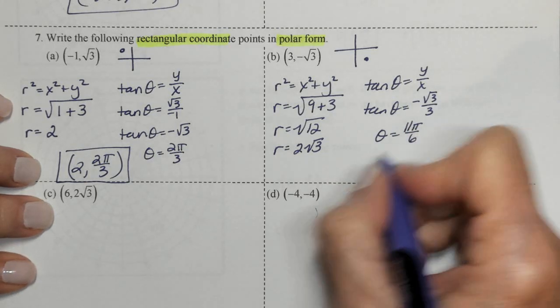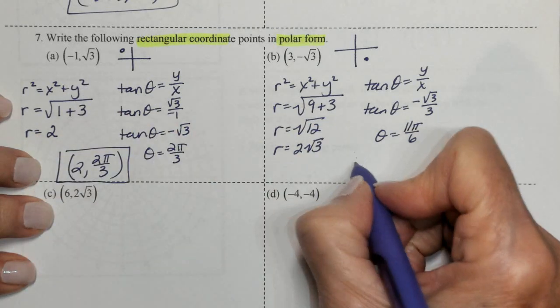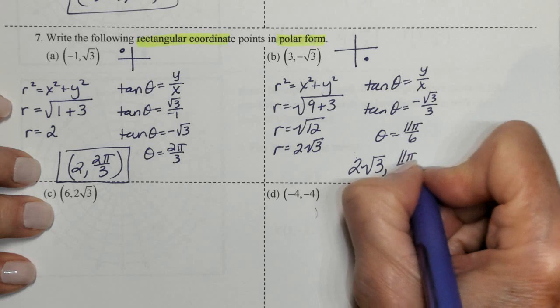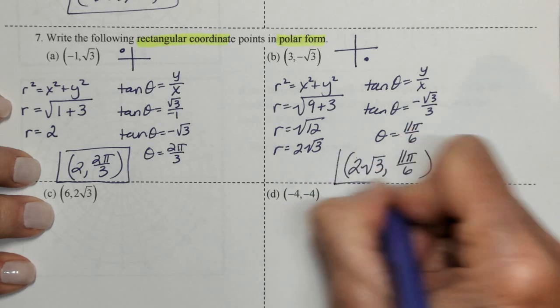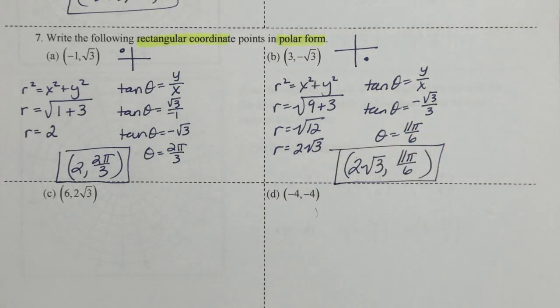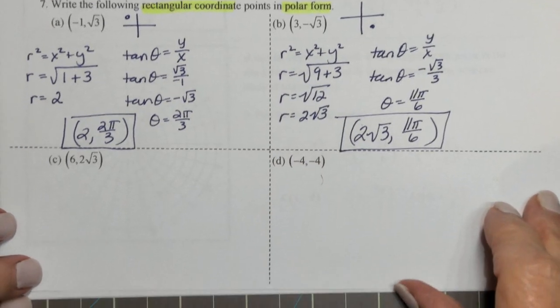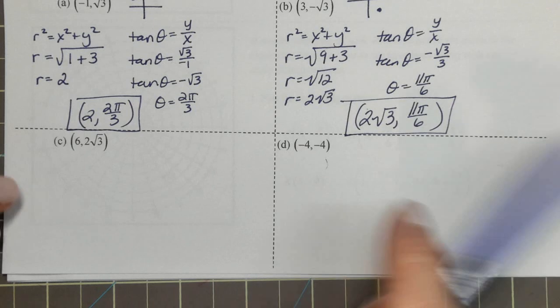Either one is fine. Okay, so 2 square root 3, 11 pi over 6 would be one way to write polar coordinates for that xy point.